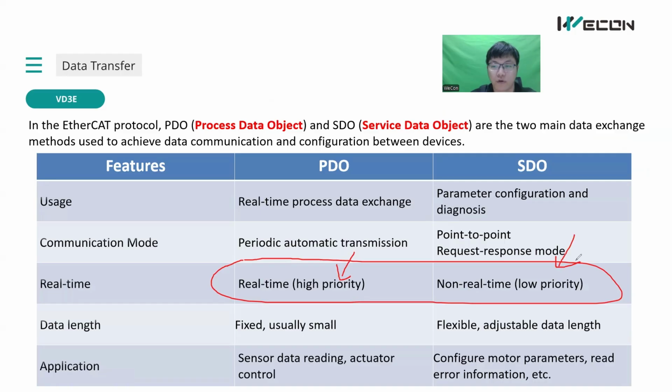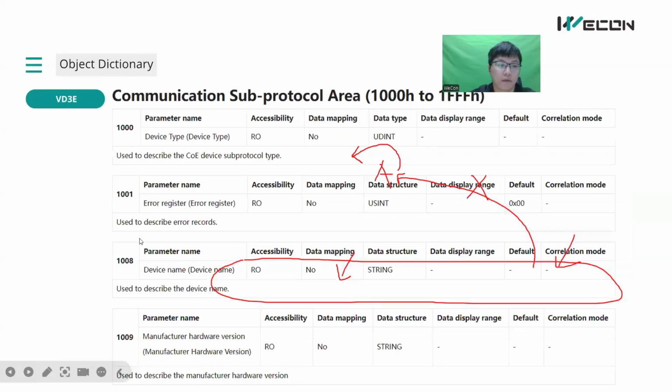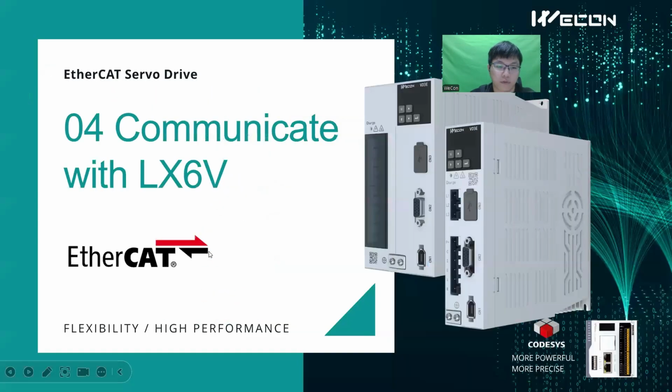So when you configure, for example, parameter A in PDO, and at this time you use SDO to write a value to this parameter, it will have a problem. So that's why we can't write the value just now.